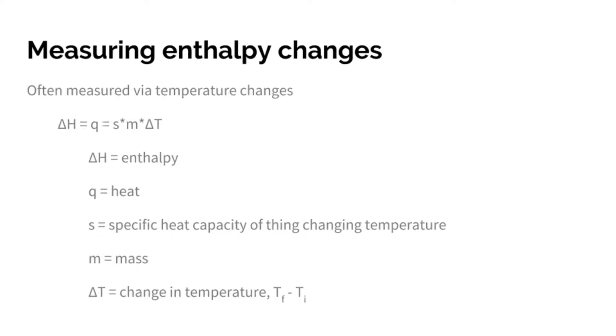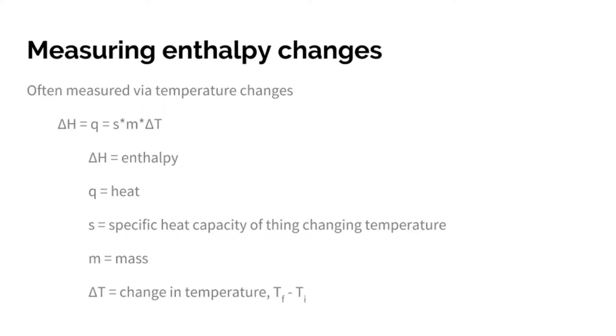So delta H, the change in enthalpy for a system, is equal to Q, the heat gained or lost by the system, which is equal to S m delta T. Sometimes S is written as C sub P. Either way, it just means the specific heat capacity. It's a property of the object. M is mass, and delta T is the change in temperature.